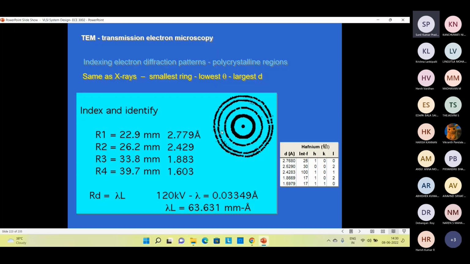And this is the way you can see the diffraction pattern. This is also called the selected area diffraction pattern. We can see the different HKL planes and determine the planes accordingly.